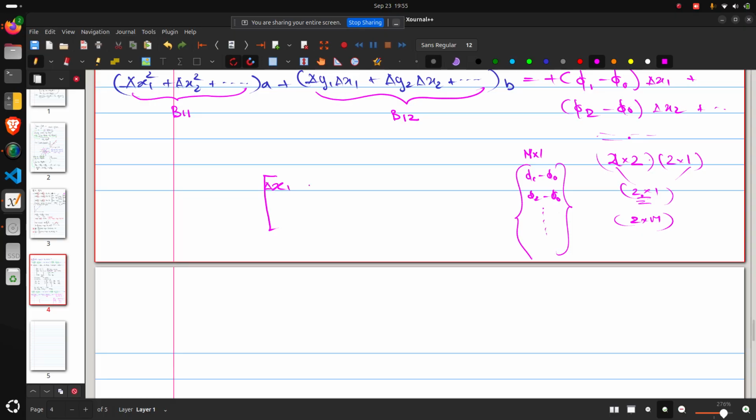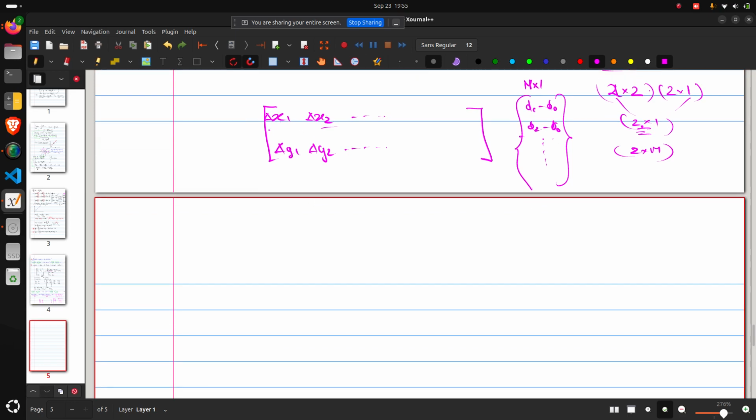So delta x1, delta x2 and so on, delta y1, delta y2 and so on. We will have delta x1 times this one, delta x2 times this one and so on, right. If you multiply the first row with the whole column in the resultant B vector, let us write it as B prime.